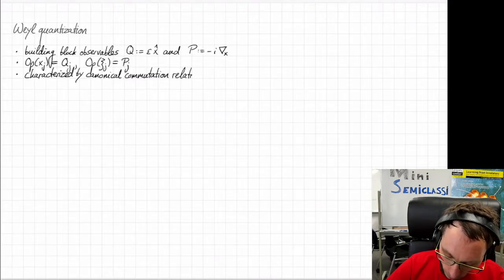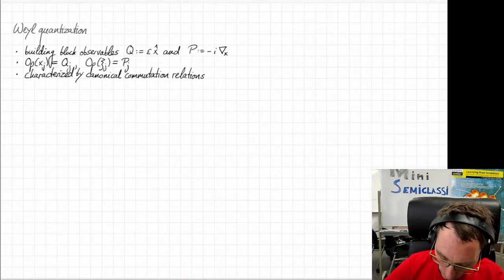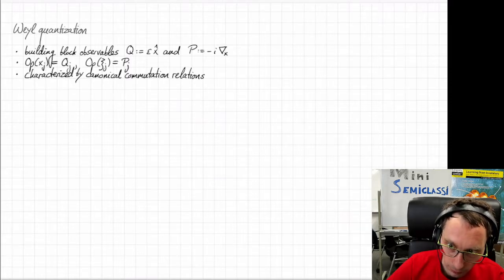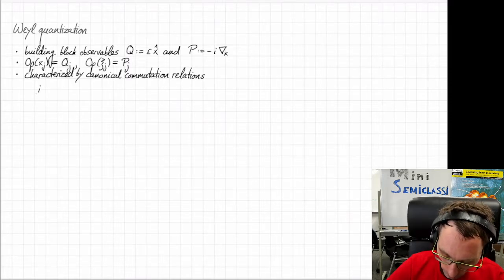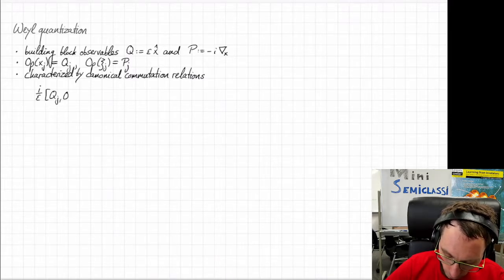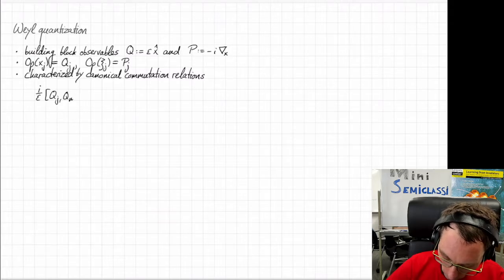So these commutation relations, of course, we've seen them already, but now let me just rewrite them slightly differently with the prefactor i divided by epsilon. Then, of course, different components of position and different components of momenta commute.